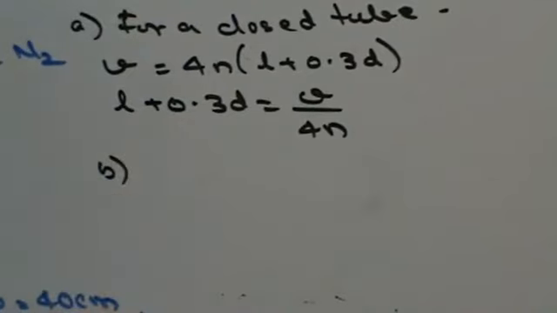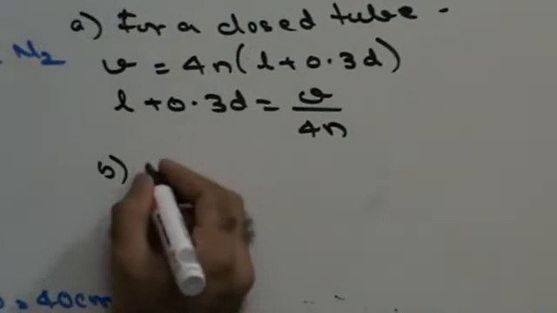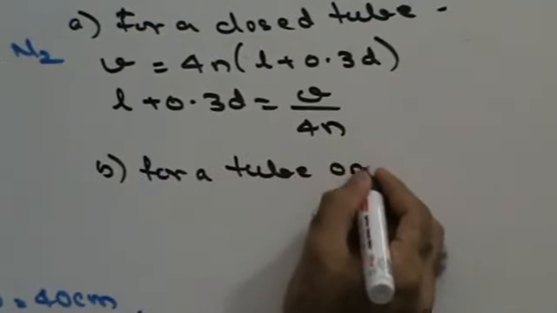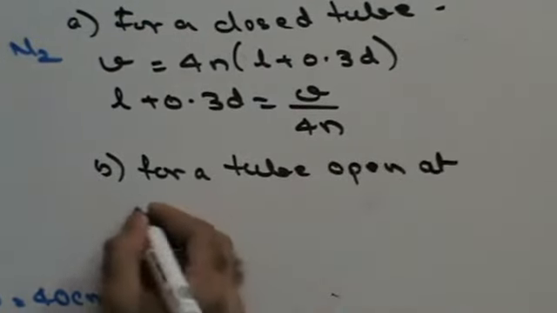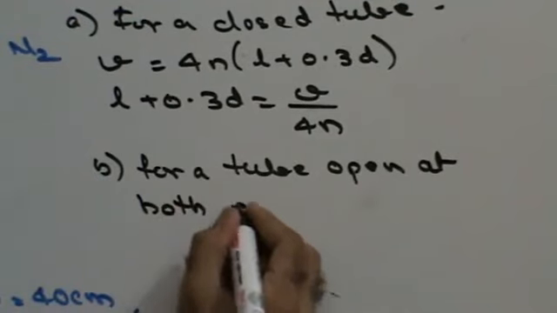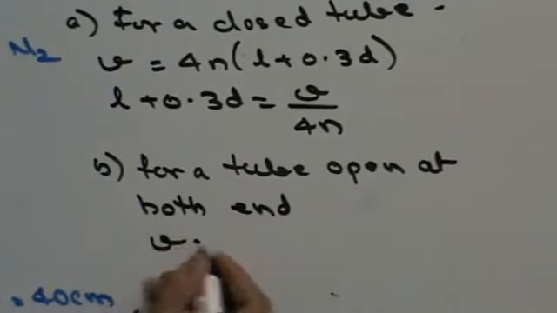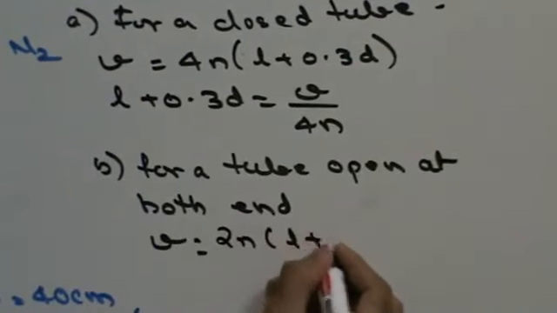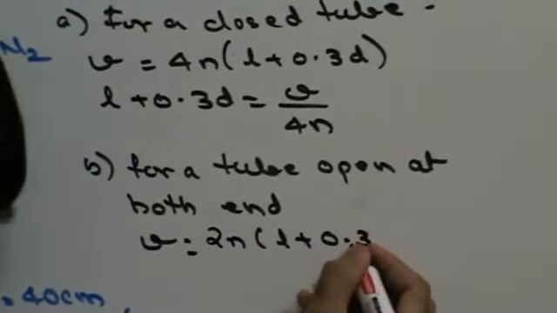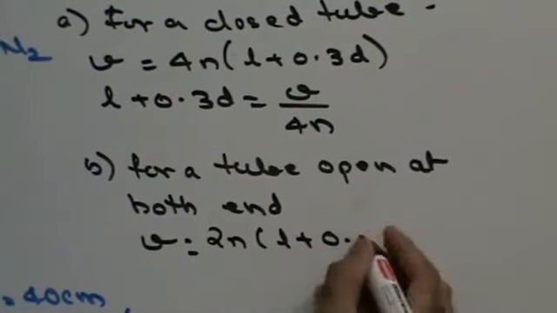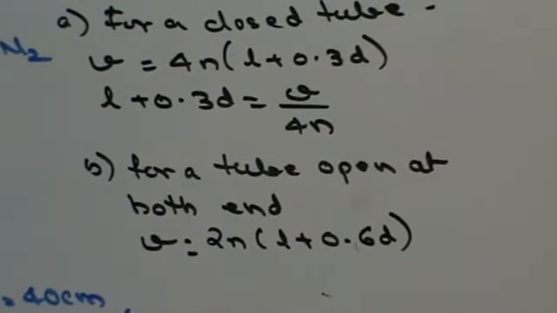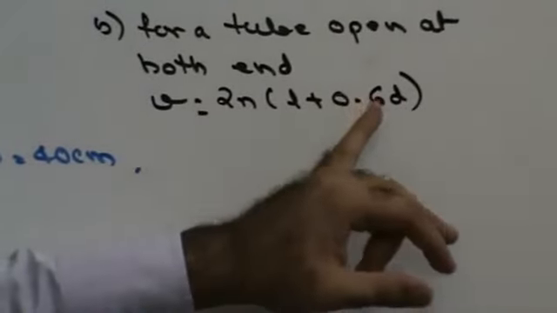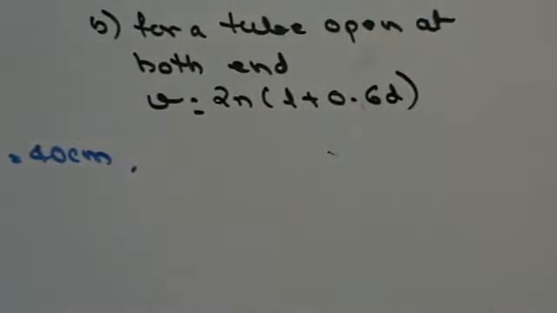Next, for a tube open at both ends, with end correction, velocity is nothing but 2N times L plus 0.6D, sorry, 0.6D, where N is the fundamental frequency and 0.6D is my end correction.